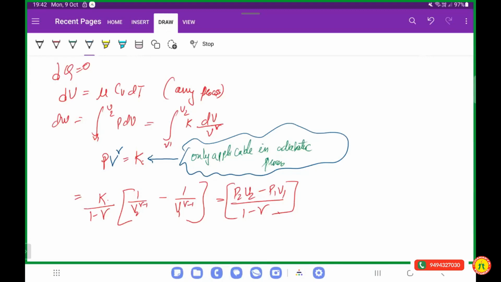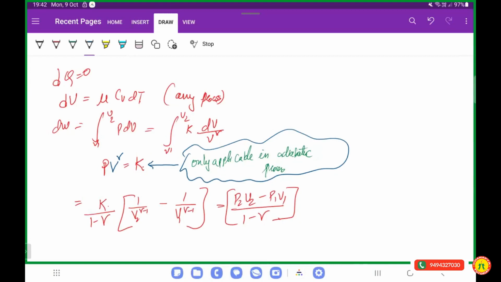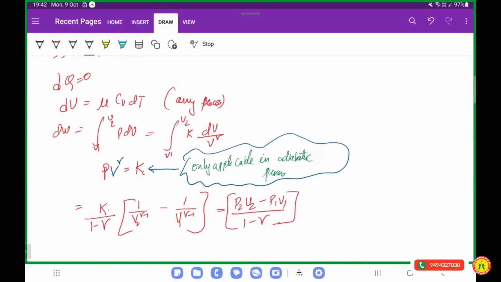So let's draw this graph and we can finish it today. You have another class waiting.